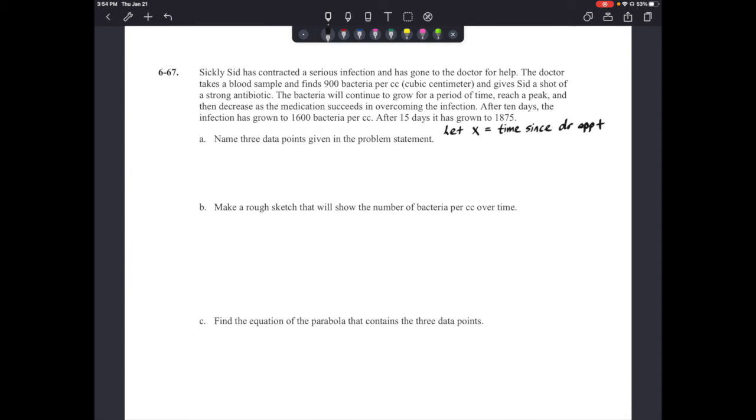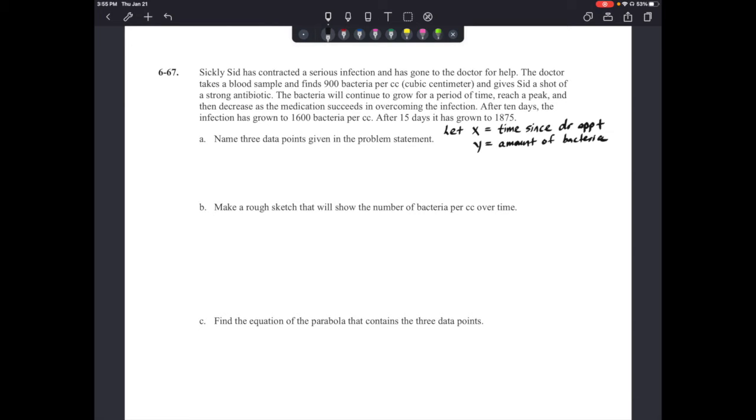That's when he was initially diagnosed. And then our y value should represent the amount of bacteria. Okay, so now we're not just making weird ordered pairs that don't mean something. Now we know what the x's mean and what the y's mean.